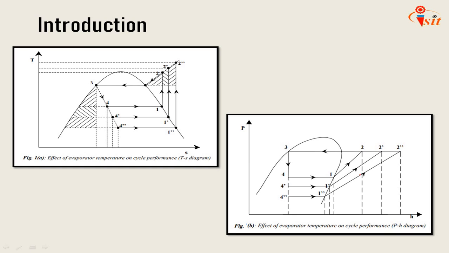For example, in frozen food industries, the required temperature can be as low as -40 degrees Celsius, while in chemical industries, temperatures as low as -150 degrees Celsius may be required for liquefaction of gases.